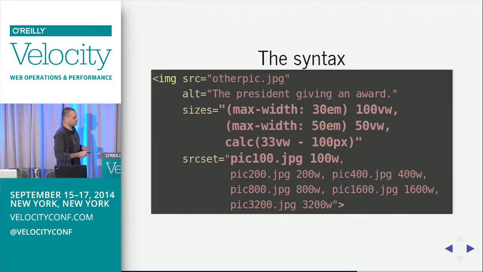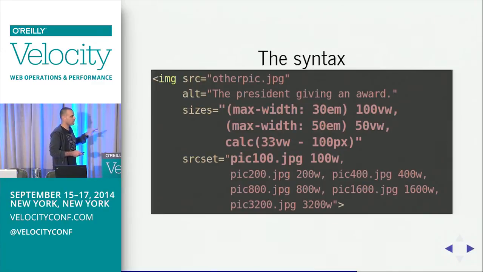The syntax to handle this looks kind of scary at first, but it's fairly easy once you get to know how to read it. So let's start out with the easy part, the srcset part. That part looks very much like what we've seen with the x descriptors.